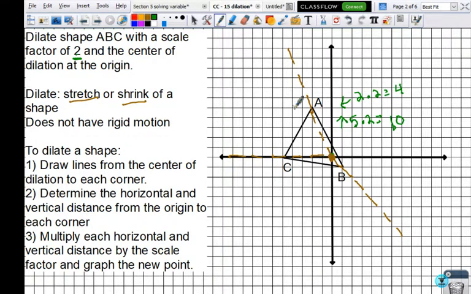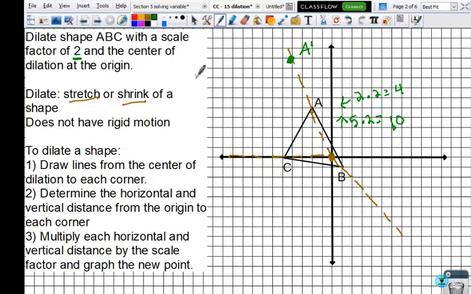That is where my new point A is going to be after I dilate it with the scale factor of 2. So instead of up 5, left 2, I'm going up 10, left 4. 4, 5, 6, 7, 8, 9, 10. This is my new A prime, my new A point after I dilated it.